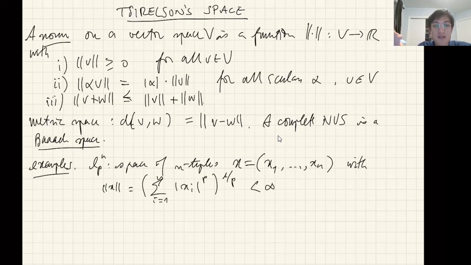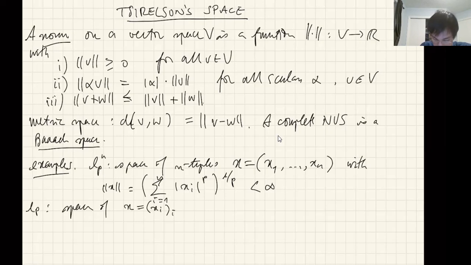one example of this is just n-dimensional Euclidean space. If you take p equals 2, you square the inside, and then you take the square root, and that's the length of a vector by, I guess, the Pythagorean theorem. So we're very well acquainted with this Banach space. Okay, if we remove the n, we can define l^p, the space of x, and now we're going to have infinite vectors.